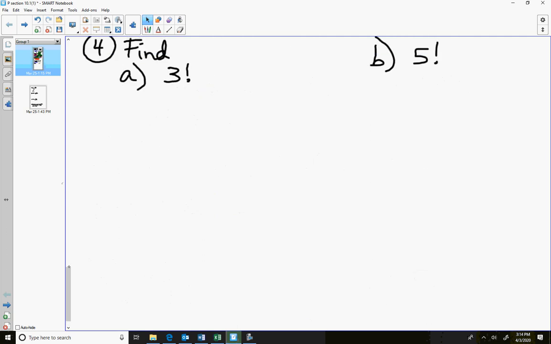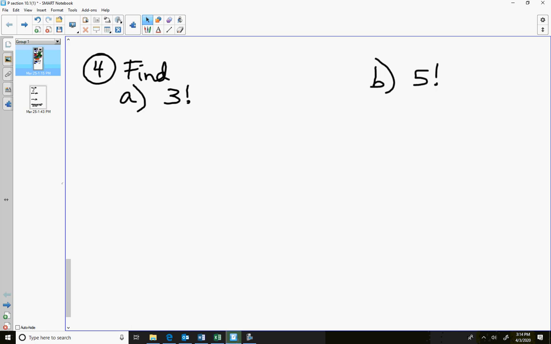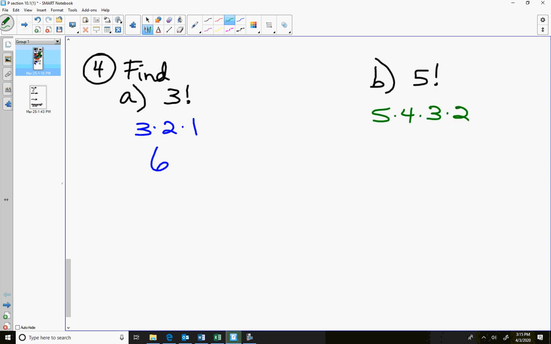All right, now, so just to demonstrate what we're talking about with these, 3 factorial would simply mean 3 times number 1 less than that, 2 times number 1 less than that, and you go all the way until you get to 1. So 3 factorial is simply 3 times 2 times 1, which is 6. 5 factorial is going to be 5 times 4 times 3 times 2 times 1, and you multiply that out.